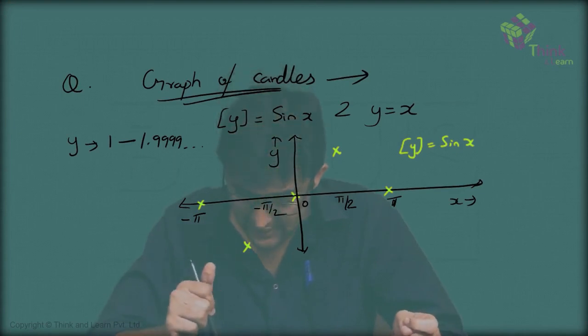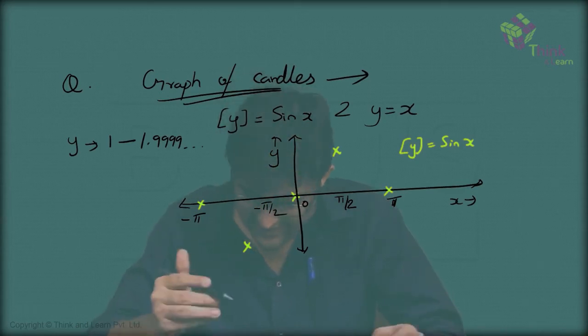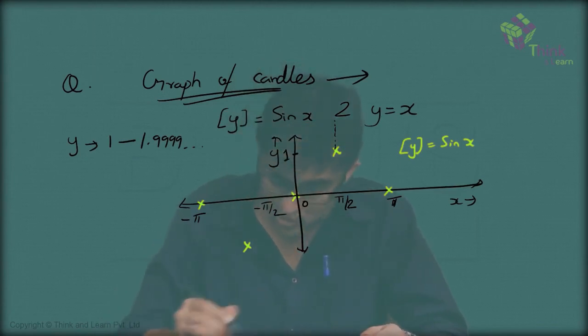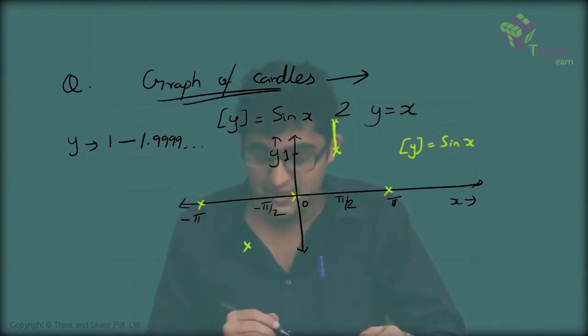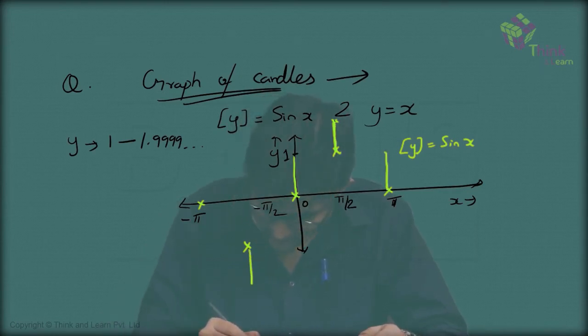That means when I'm talking about sine pi by 2, it can take all the values from 1 to 1.999. So actually at this point you can take all these values. Similarly here you can take all the values till 1. Here you can take all the values till here. The same is the case here and here.